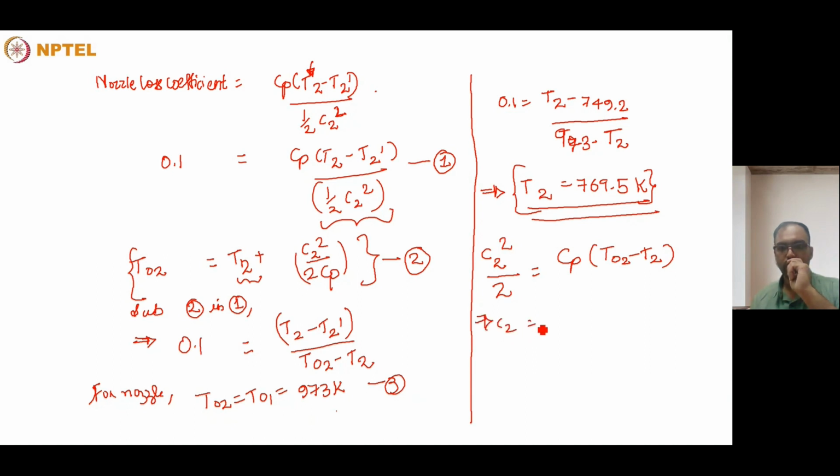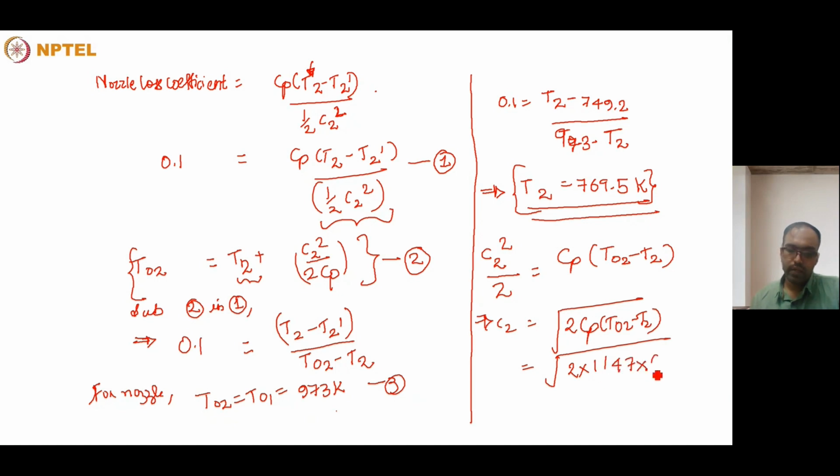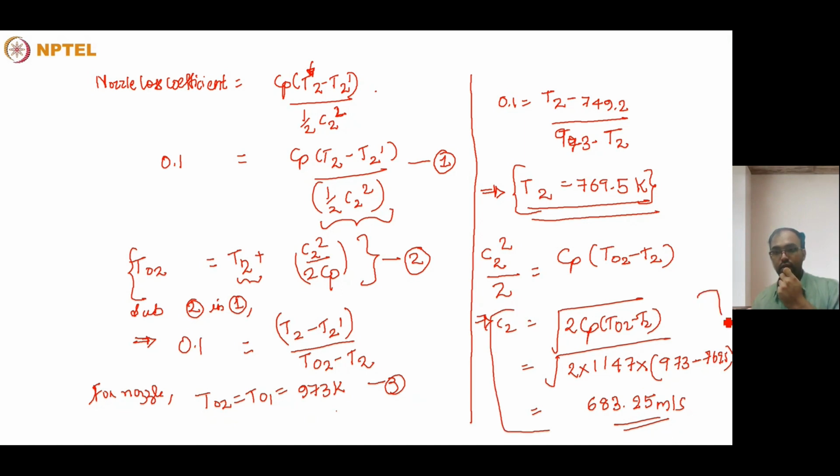So C2 is equal to root of 2 Cp (T02 minus T2). Cp is given as 1.147 kilojoule per kilogram Kelvin. So 1147 into (973 minus 769.5). Solving this, we'll get the value of the velocity to be 623.525 meter per second. So we have calculated the velocity at the exit of the nozzle and the actual static temperature value at the exit of the nozzle.